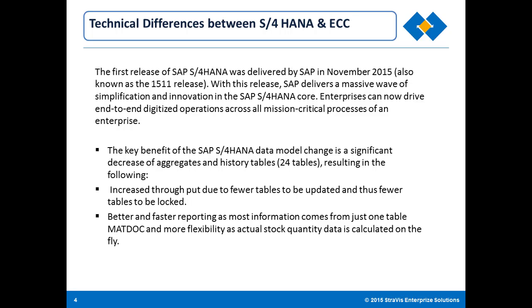Whenever you are performing transactions, generally in ECC, more tables are logged till you complete the transaction. In case of HANA, because of the less aggregation, only a few tables will be logged. And because of this, obviously better and faster reporting, as most information comes from just one table.